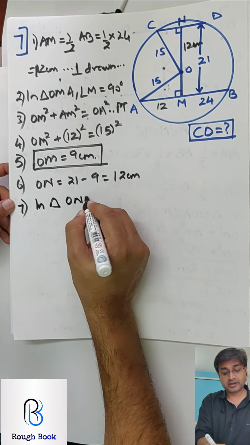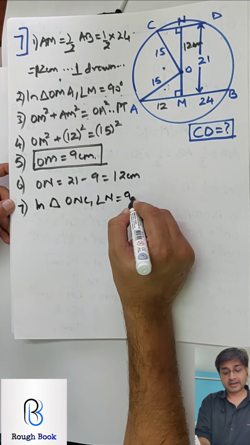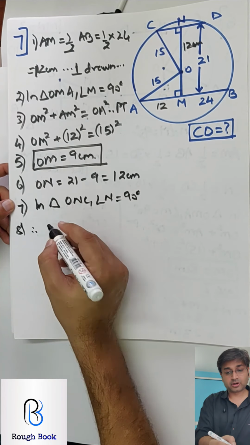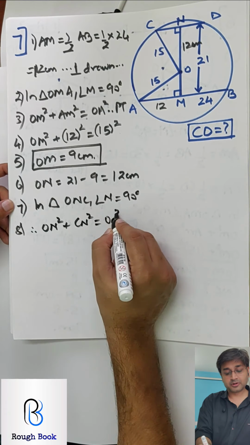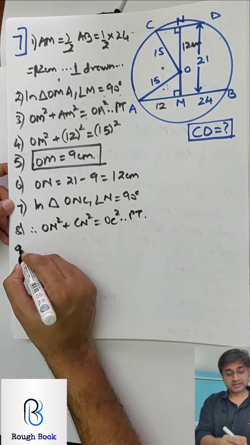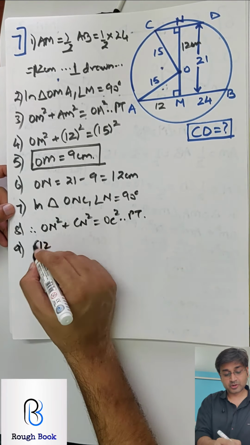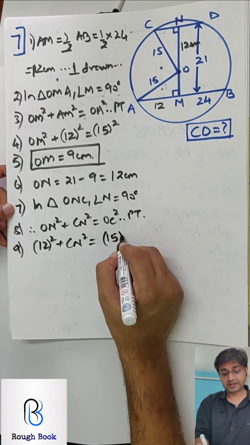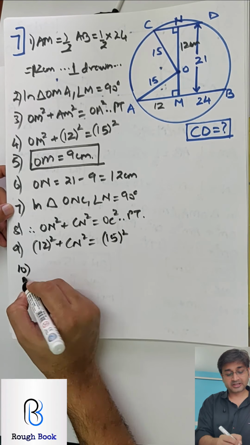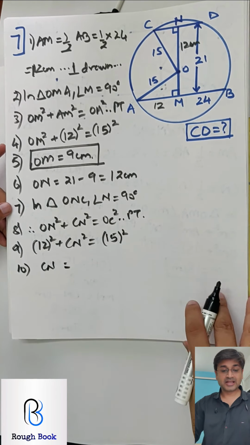So in triangle ONC, angle N is 90 degrees, and therefore Pythagoras, that is ON squared plus CN squared is equal to OC squared. So in this case ON is 12, CN unknown, and OC 15. So 225 minus 144, so that's 81.